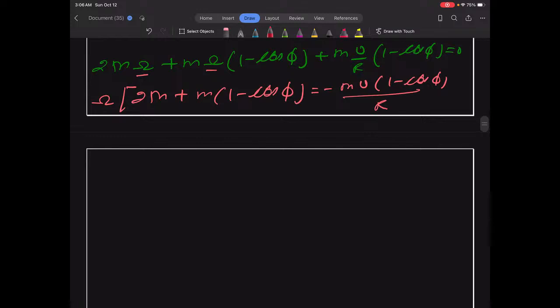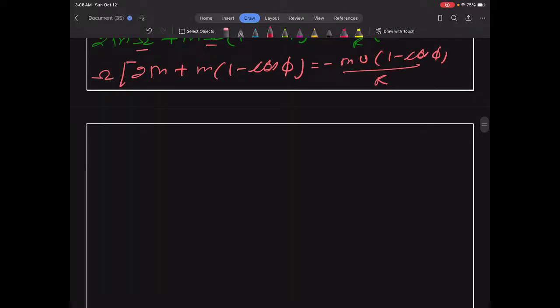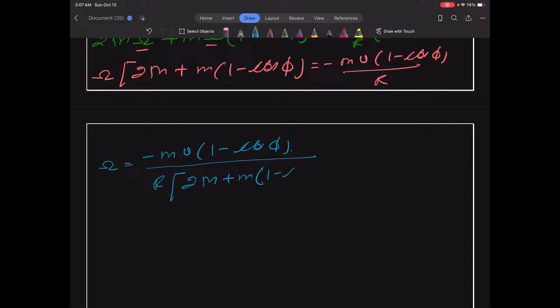Now we simply multiply with the denominator, we get omega is equal to minus mv 1 minus cos of phi in the numerator, and in the denominator r times (2m plus small m) and 1 minus cos of phi.